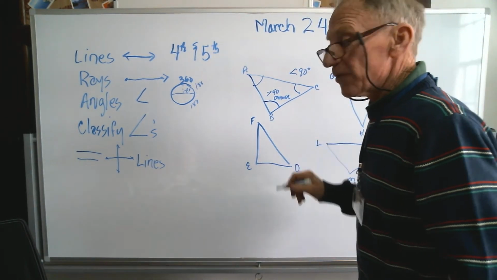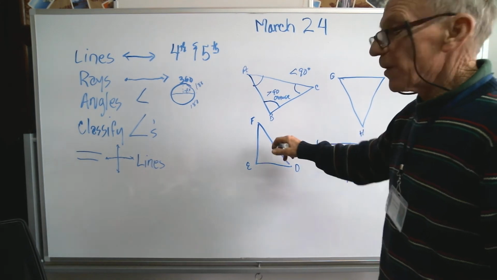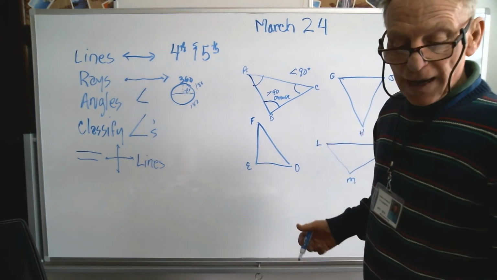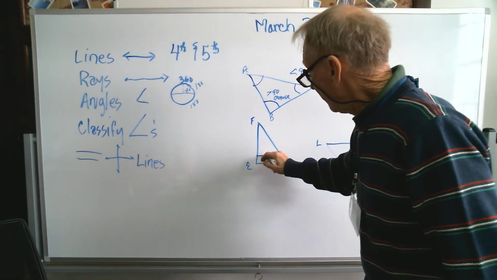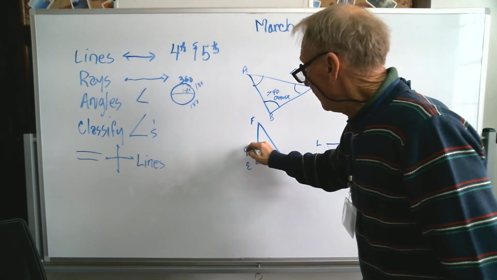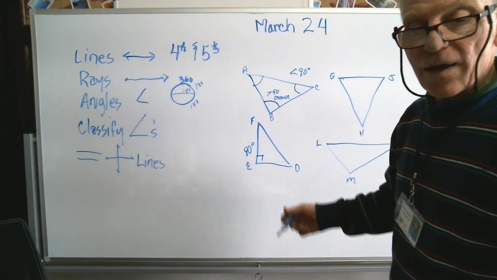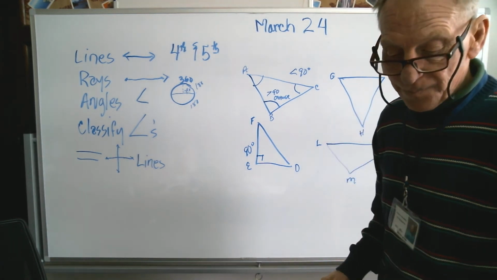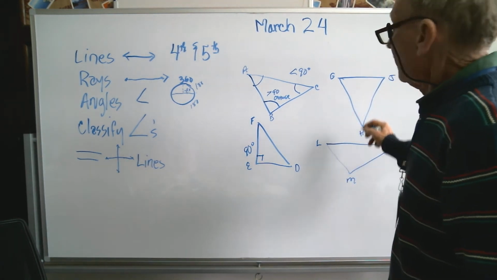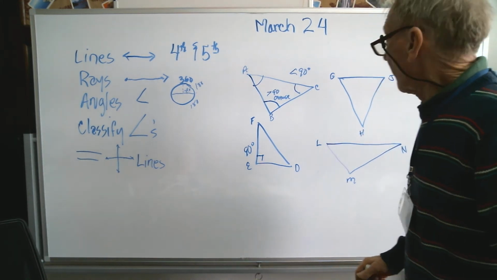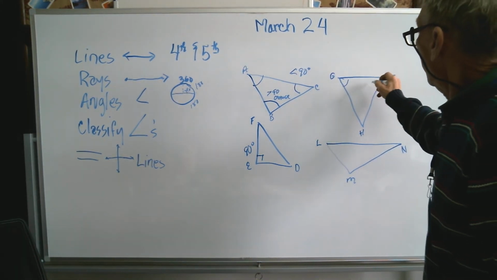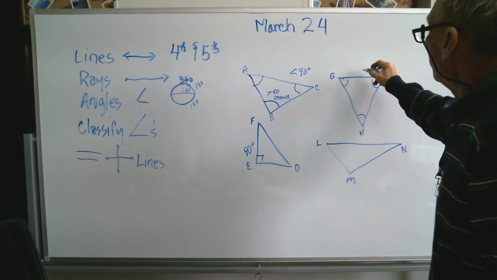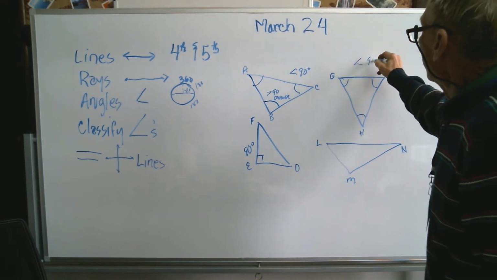Now, looking at this triangle, this is what we would call a right triangle because it's at 90 degrees, a right angle. And because it's a triangle, we just simply call it a right triangle. If we look at this triangle here, all three of these angles are less than 90 degrees.